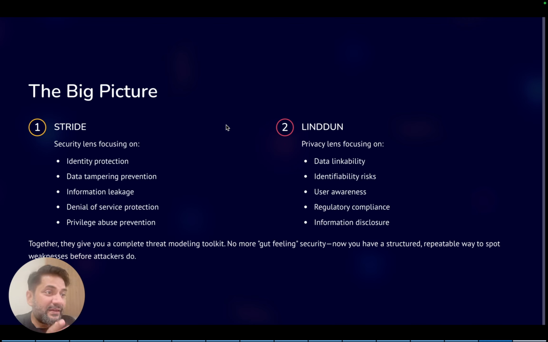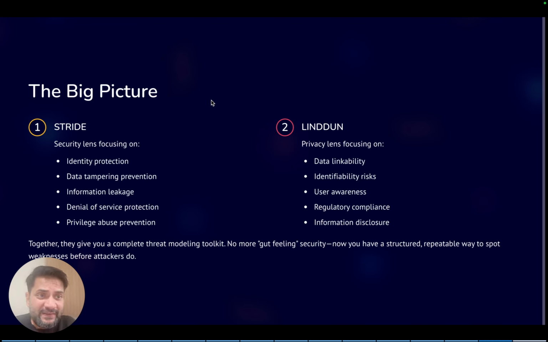Identity, tampering, leaks, denial of service, and privilege abuse. LINDDUN helps you analyze privacy risks from identifiability to compliance. Together, they give you a complete threat modeling toolkit. No more gut-feeling security.